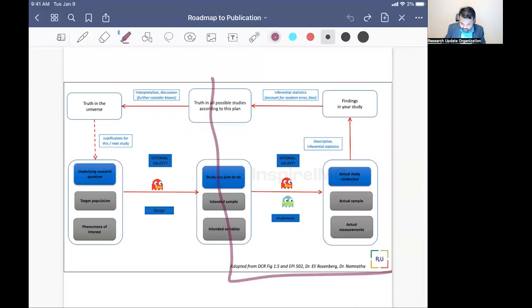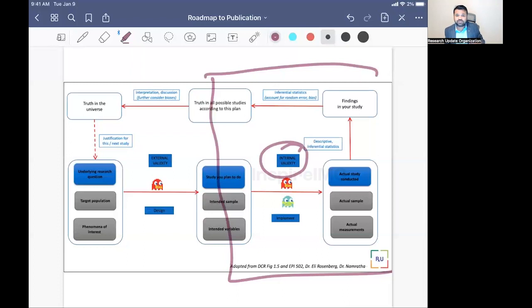One part, if you see, is internal validity and the protocol going towards internal validity. What is internal validity? Whatever we do as clinical research is considered internal validity. You choose one population, one sample, and you have one question to ask.